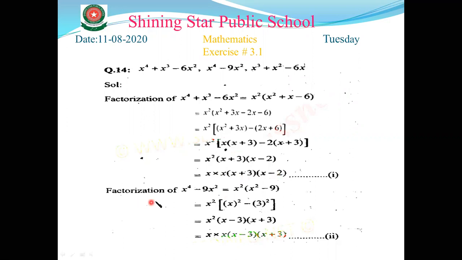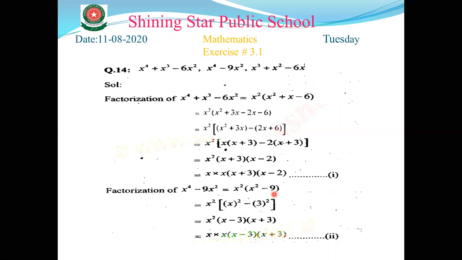Now the second expression, x to the power 4 minus 9x^2. Again, we will take the common x^2, and it will give you x^2 minus 9. When you get x^2 minus 9, you can apply the formula: a^2 minus b^2, because x^2 is the square of x and 9 is the square of 3.